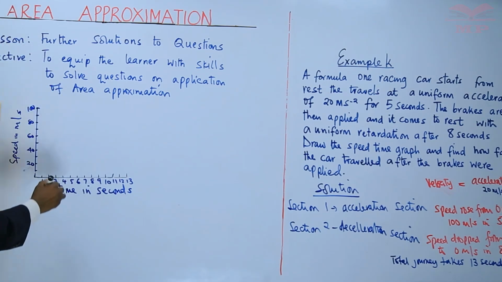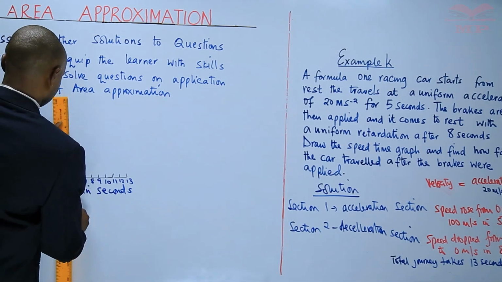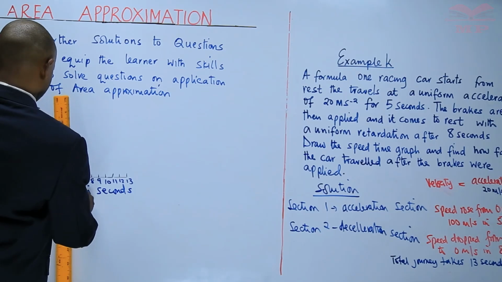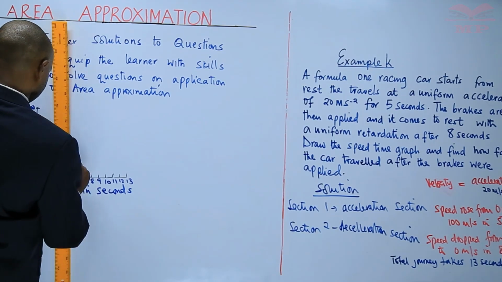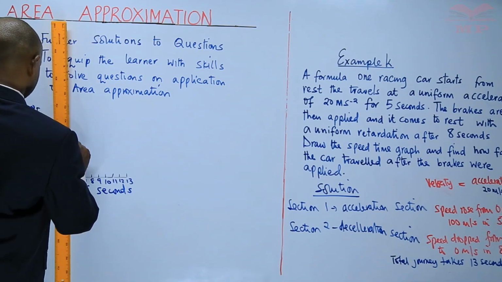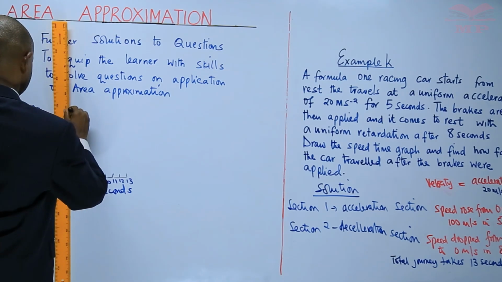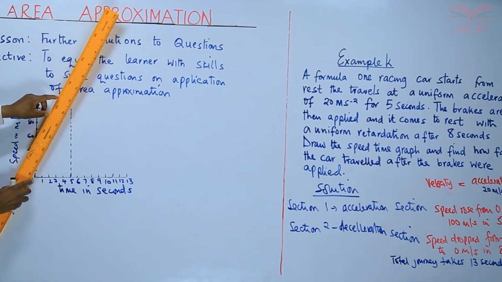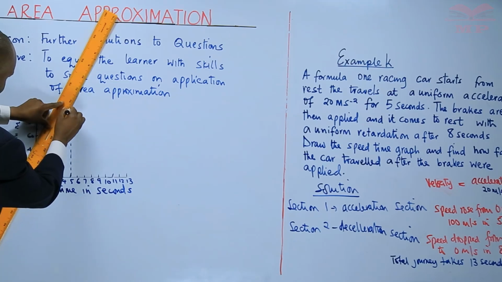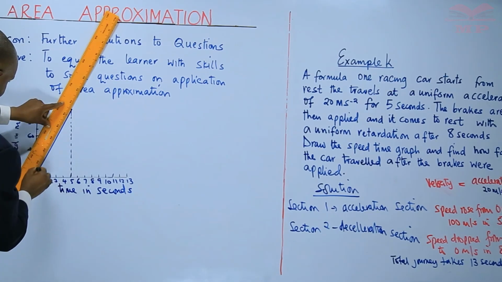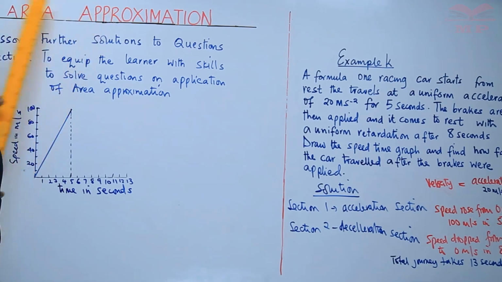So in the first 5 seconds, it is up to here. The speed rose to the maximum, 100. So you simply draw this. When you draw that, you'll have that. You can even write the acceleration section.